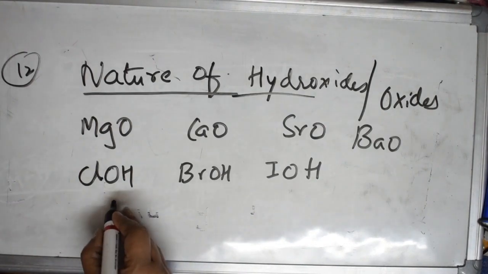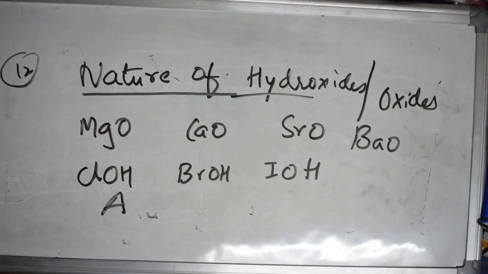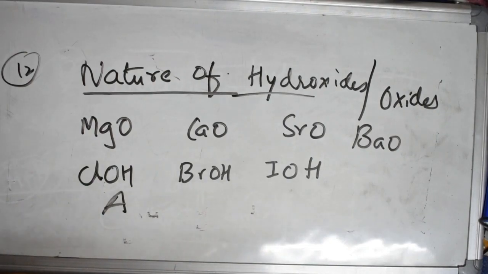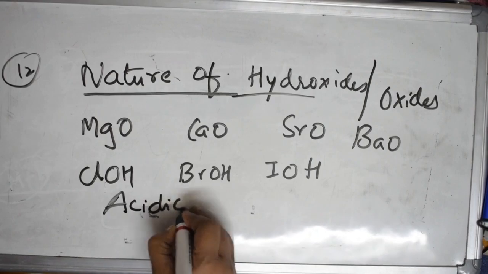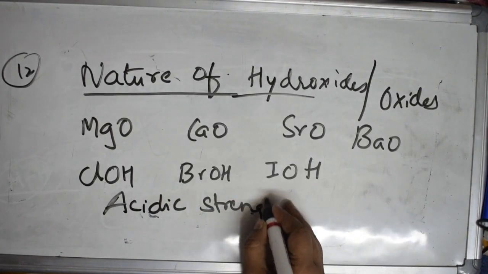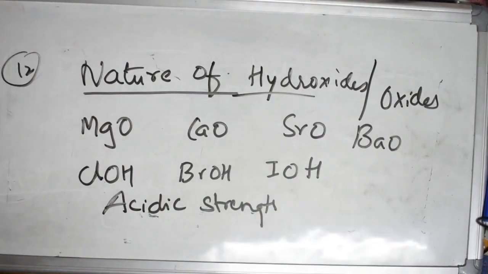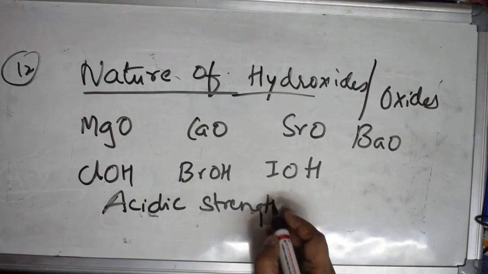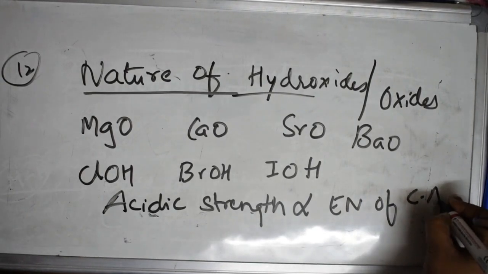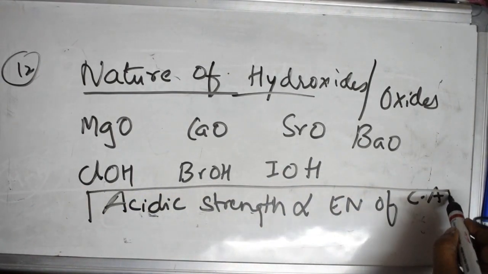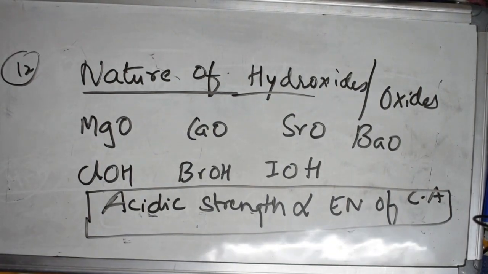The acidic strength of oxides as well as hydroxides is directly related to the electronegativity of the central atom. So if I have to justify this statement, among all these, if I have to see which one is greater, acidic strength will be greater for what?